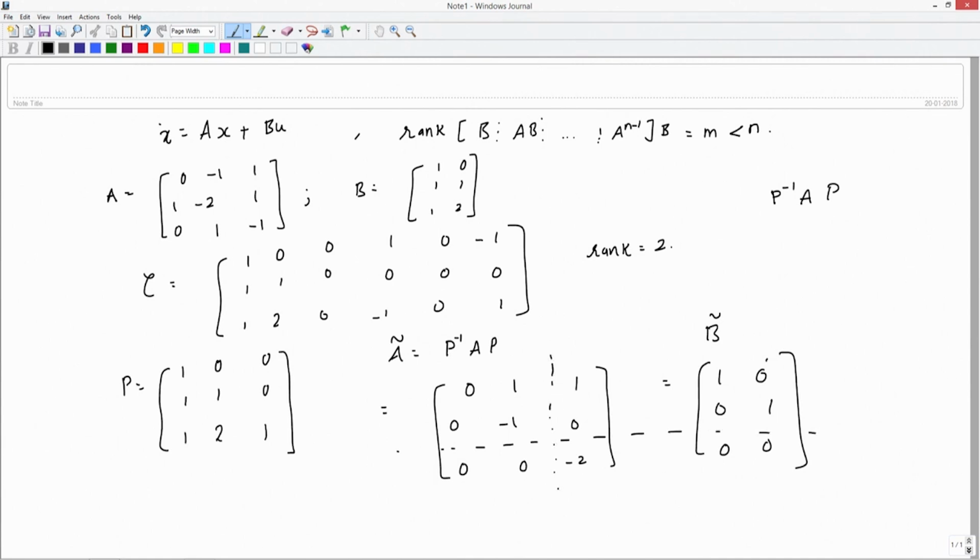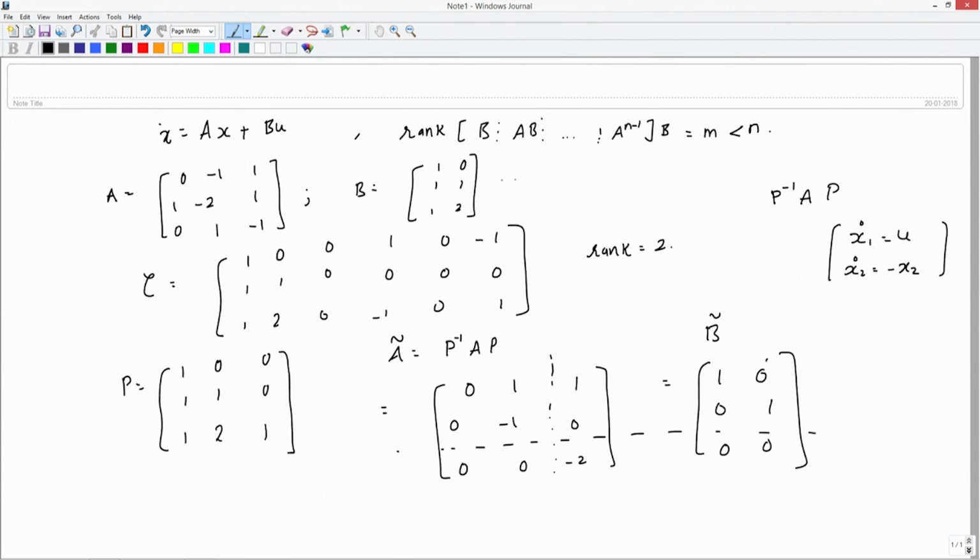Let us say I write a system like this: x1 dot is u and x2 dot is minus x2. It can be easily checked that this system is not completely controllable, because you can see there is no direct control entering the x2 coordinate. So here I can clearly see which of the two states is not controllable. I can easily say that x1 is controllable and x2 is not.